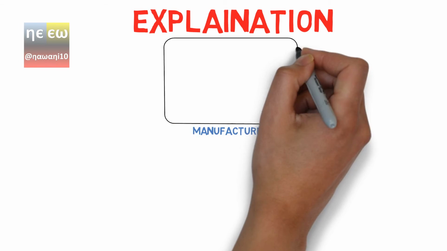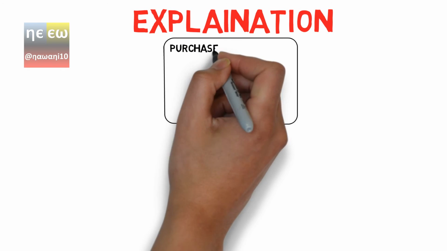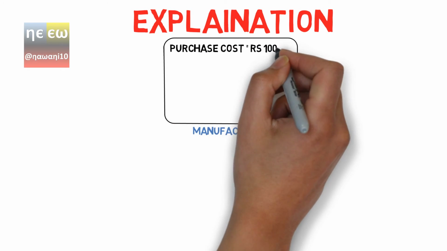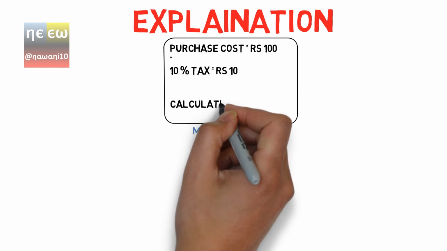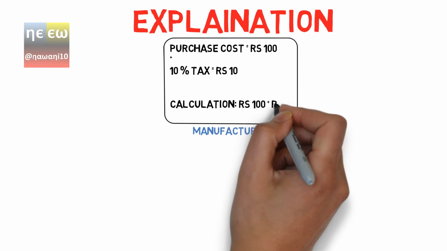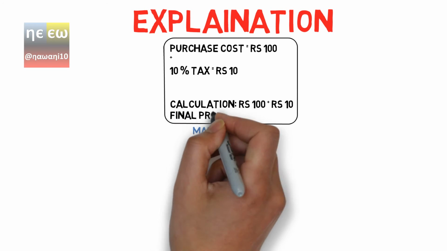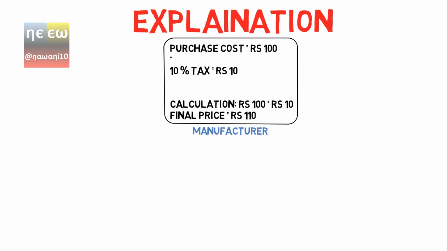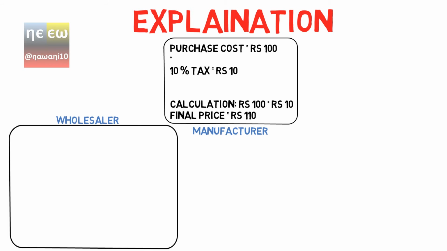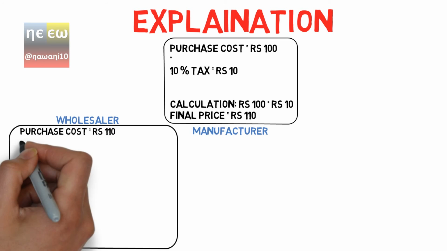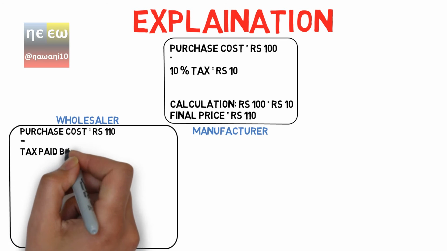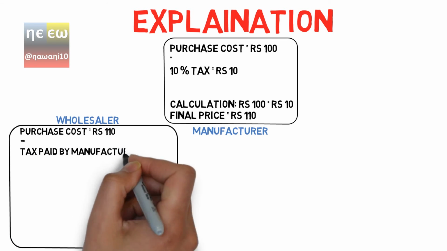Explanation. Manufacturer buys raw material. Purchase cost equals rupees 100 plus 10% tax equals rupees 10. Calculation, rupees 100 plus rupees 10. Final price equals rupees 110. Wholesaler buys the t-shirts from the manufacturer. Purchase cost equals rupees 110 minus tax paid by manufacturer equals rupees 10.